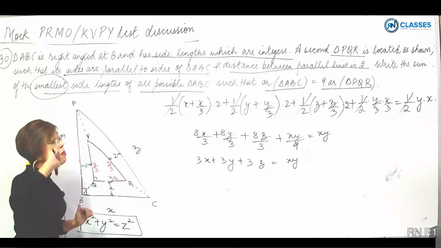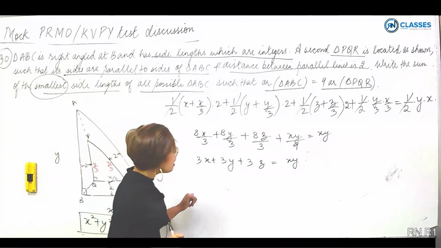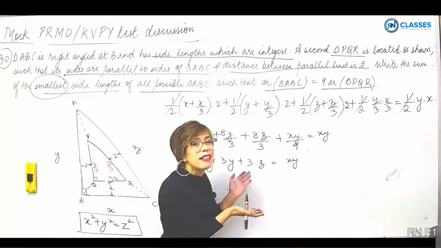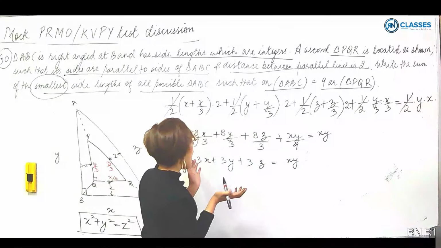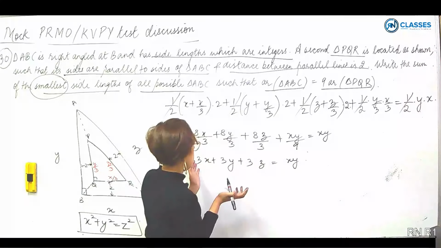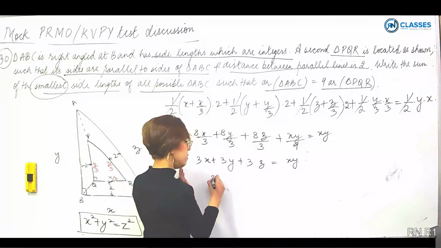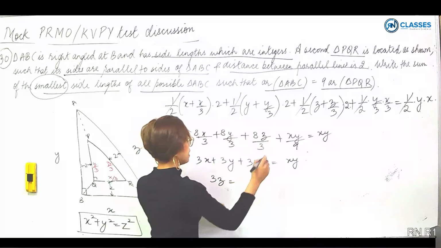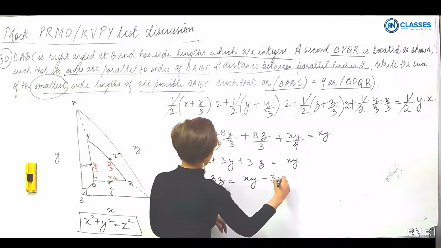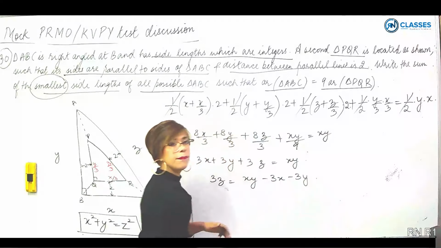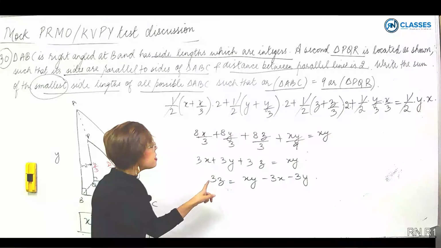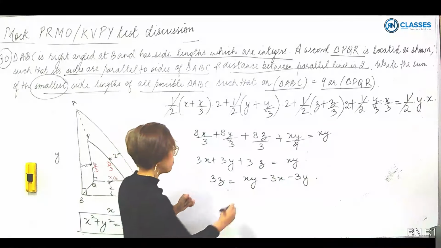But I'll be very smart about squaring it up, because I don't want some terms to get cancelled. So what I'll do is, I will keep 3z lonely, and I'll shift these two that side. So xy minus 3x minus 3y. Why? Because when I square it up, some terms will get cancelled. Let's do it. Square it up.